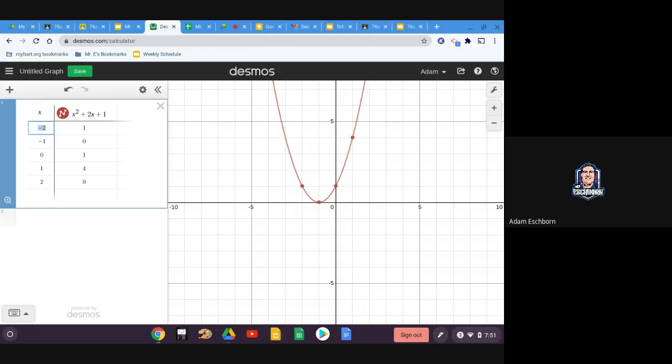What's handy about that is now you have some points from the parabola. A lot of times they'll ask you for the vertex, so you can just click on it to find the vertex, or you can look here and see if you can find the number that stands out as the vertex. You can also add your own numbers if you need more numbers.